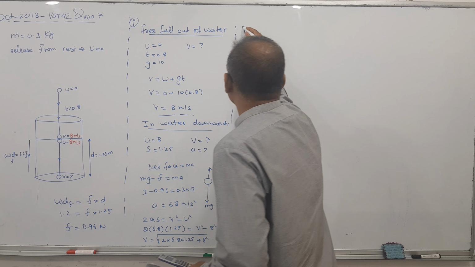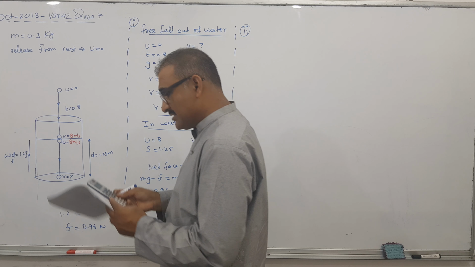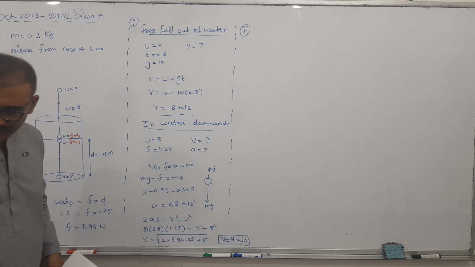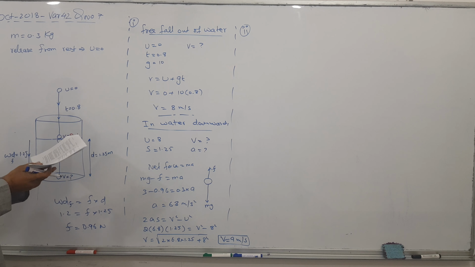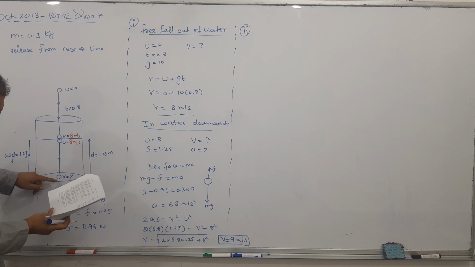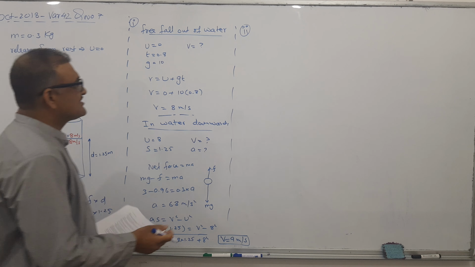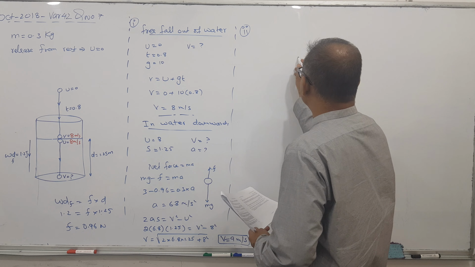Part number 2: what is the situation? He says that when the particle reaches the bottom, it bounces back vertically upward with an initial speed of 7. I will make the diagram again to understand.